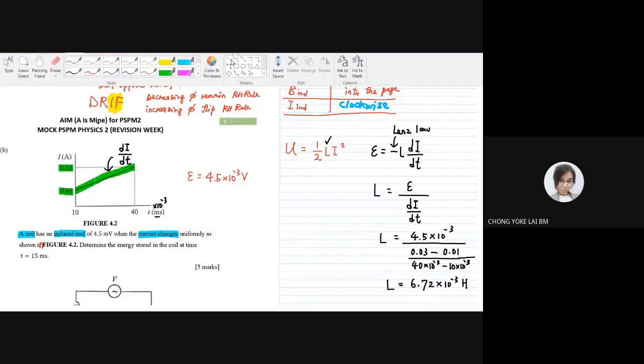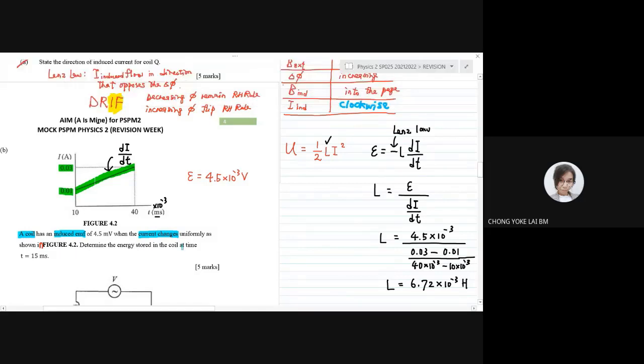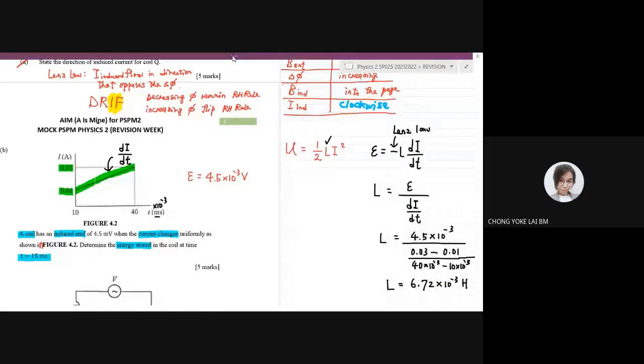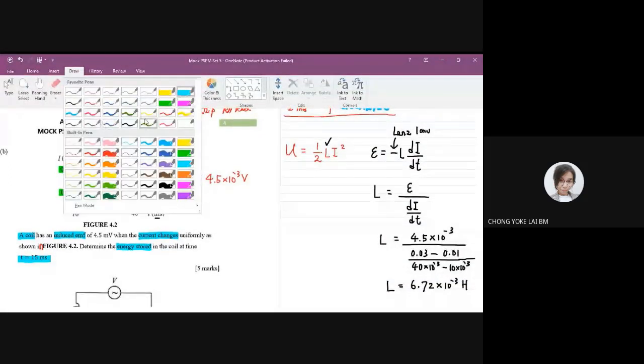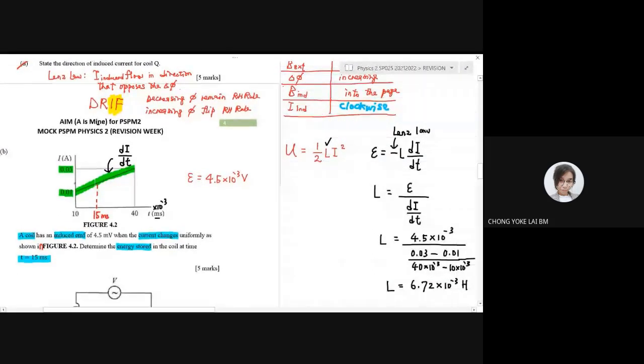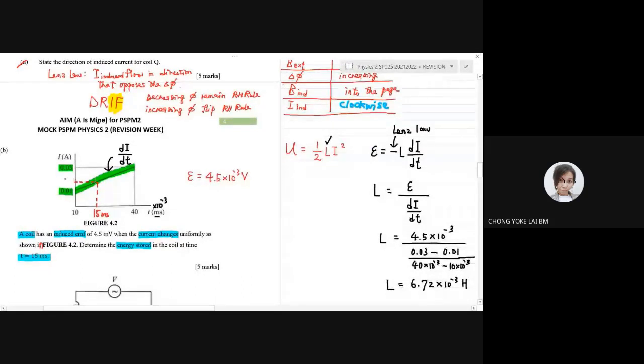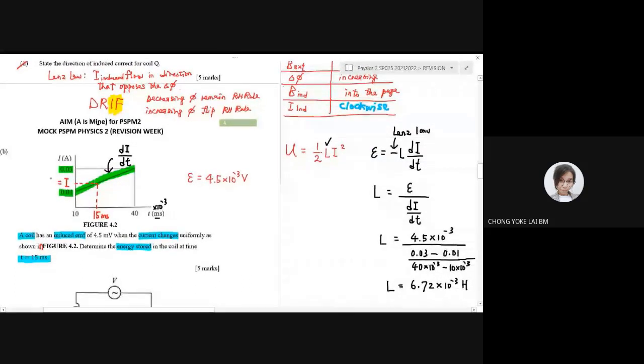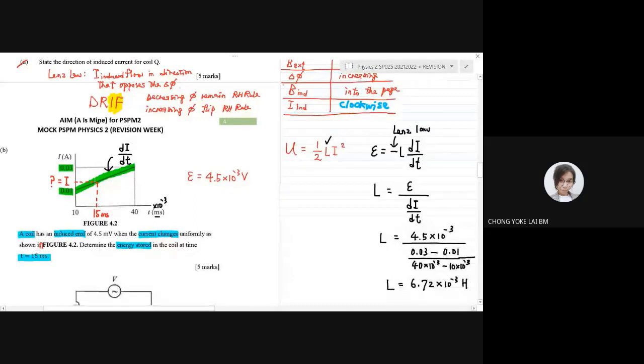But then, soalan nak kita cari energy stored pada waktu 15 millisecond. So, kita tak boleh lah simply ganti nilai tu. Tapi, kita perlu dapatkan pada waktu 15 millisecond berapa nilai current kita. So, what is the value of current? So, macam mana nak cari nilai tu? Kita akan gunakan gradient ni lah.